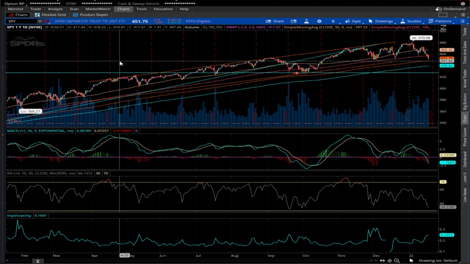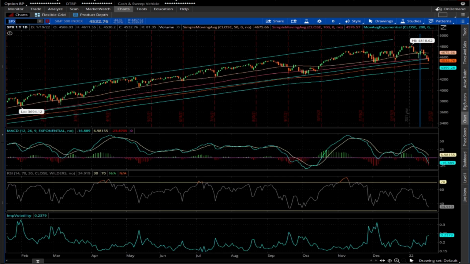This is an ETF that follows the S&P 500. See the stock price, $451.75. If we take a look at the S&P 500, the stock price is $4,532. So very close. It basically tracks the S&P 500.